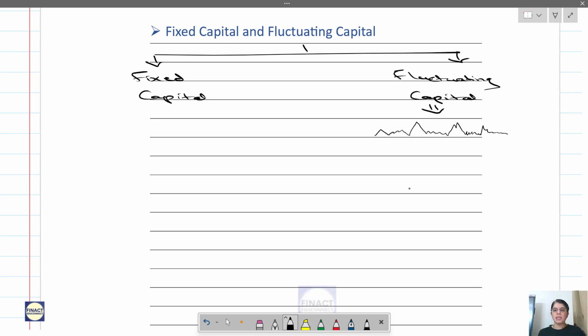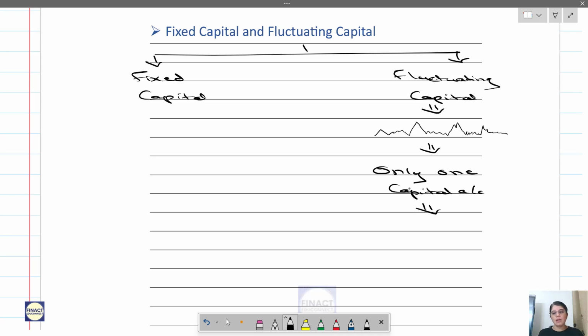That is the reason it is known as a fluctuating capital account. So only one capital account. This is what we have done last year also. In 11th standard, when we learned sole proprietary, we learned about this fluctuating capital method, wherein there was only one capital account and all the entries like profit sharing and everything was done in the capital account only.